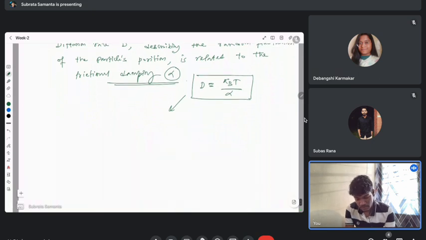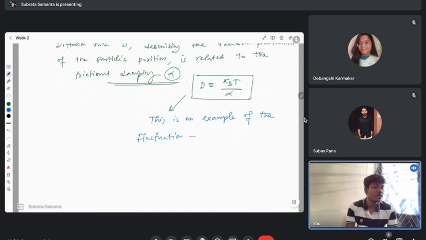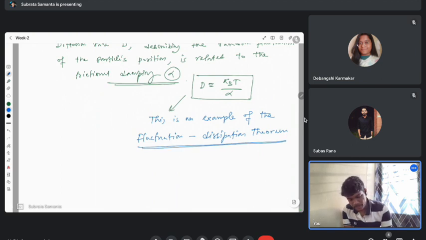How is fluctuation related to dissipation?